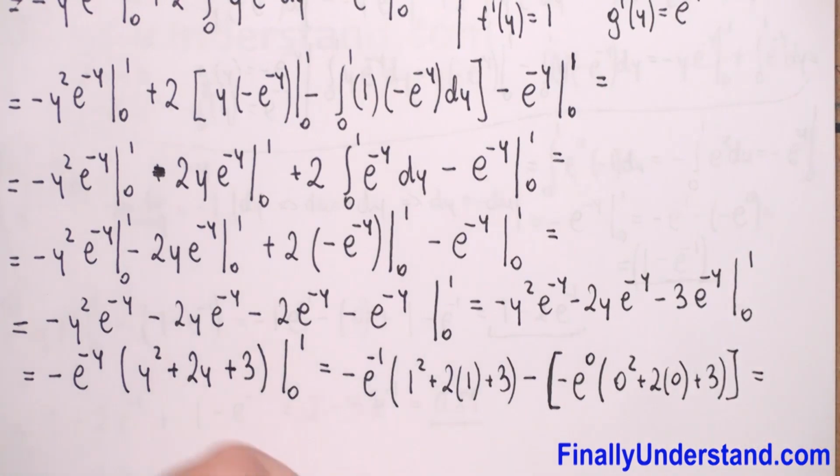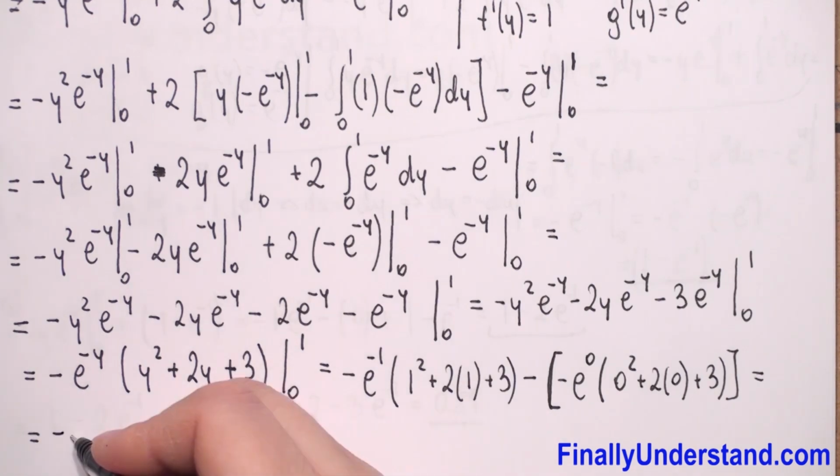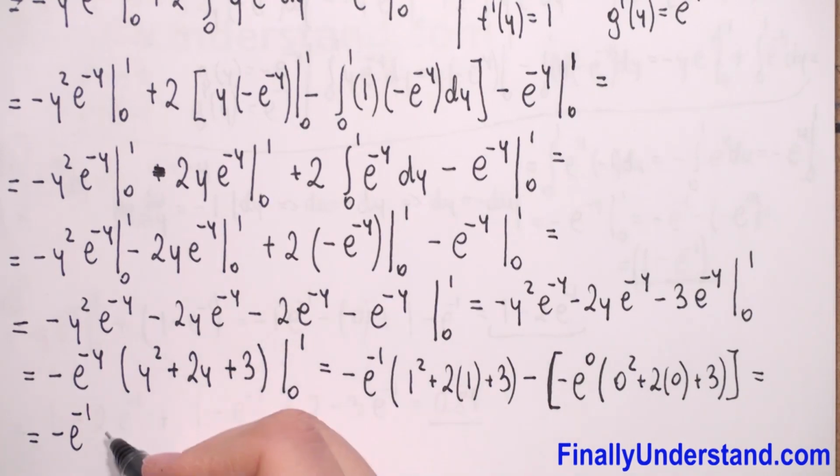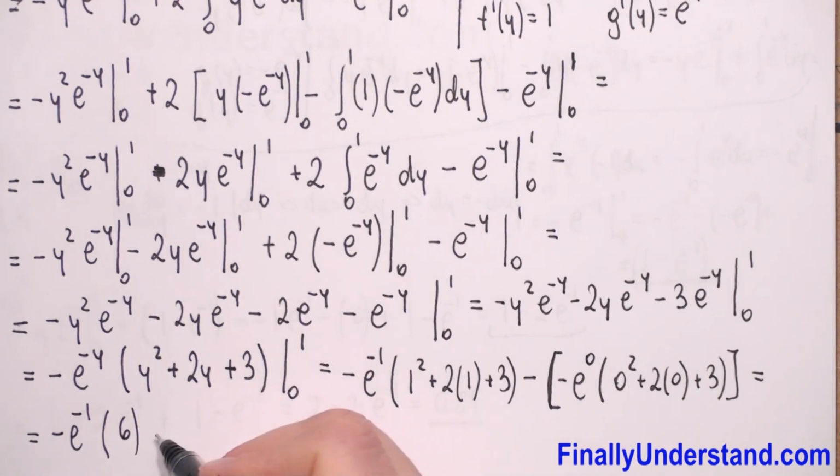So this is equal, we will have negative e to power negative 1, and in parentheses we will have 1 plus 2 plus 3, this is equal 6, minus, and now we have negative and negative, so I can put plus.